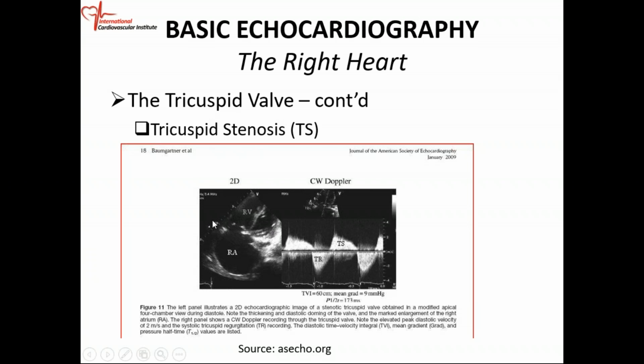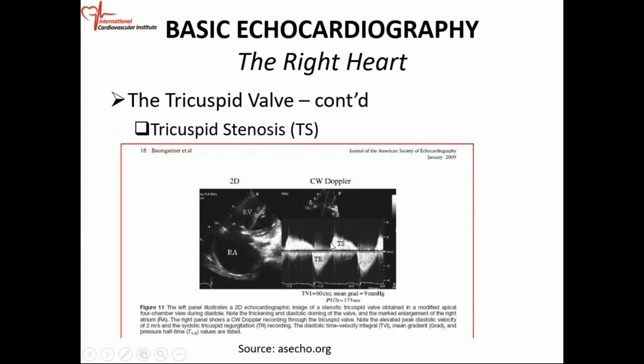So again, this is a tricuspid valvular pathology, and this shows it pretty well. This is the TR, and this is the tricuspid stenosis. So remember, in diastole, the tricuspid valve is supposed to open, and it's supposed to be non-restrictive.